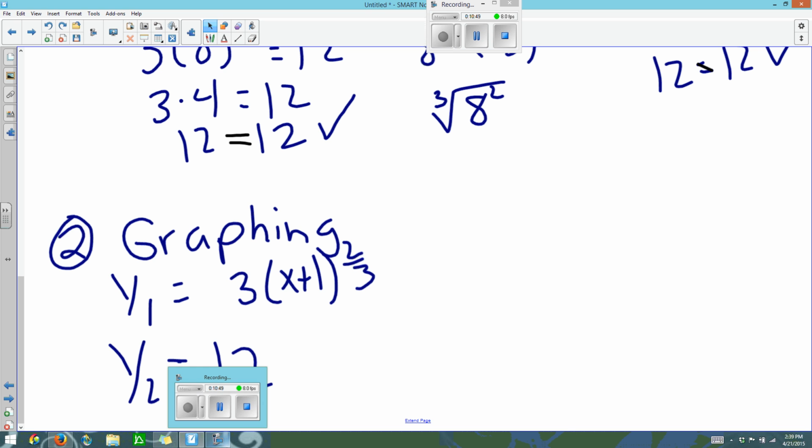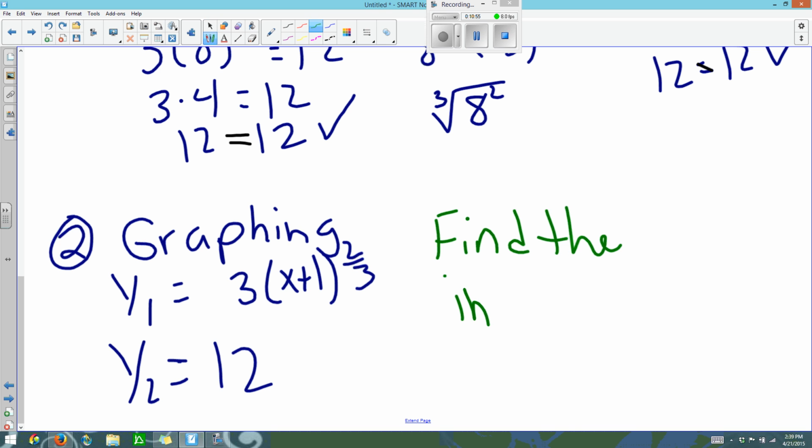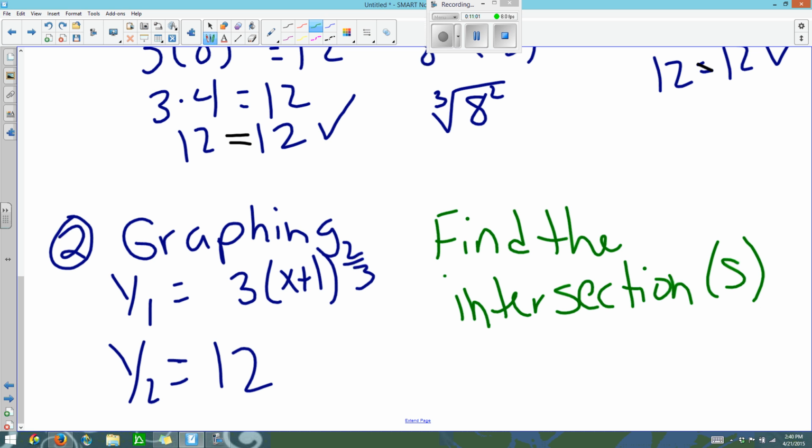And you would find the intersection. And I would put S in parentheses because you could have only one intersection, or you could have both x values be the intersections, okay?